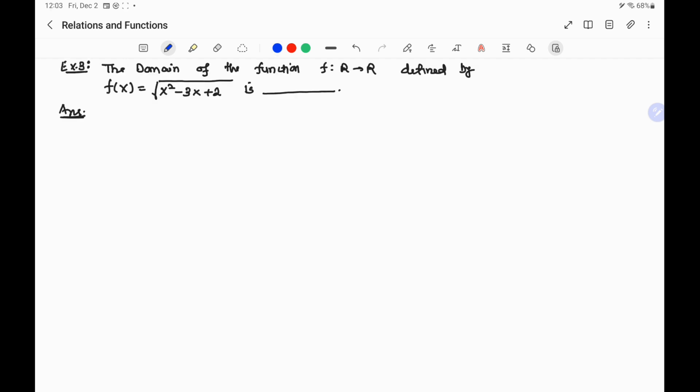Third example is, find the domain of the function f: R to R defined by the function f(x) equal to root of x square minus 3x plus 2. We are given the function is root of x square minus 3x plus 2, and domain is the set of values of x for which the function definition is true.